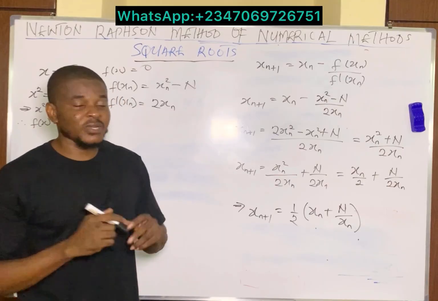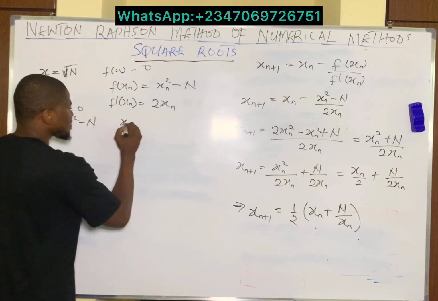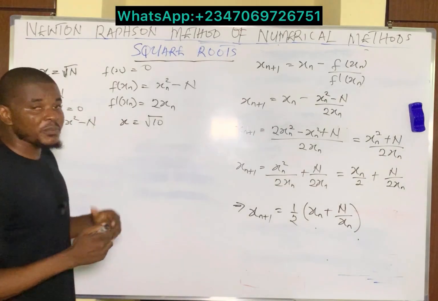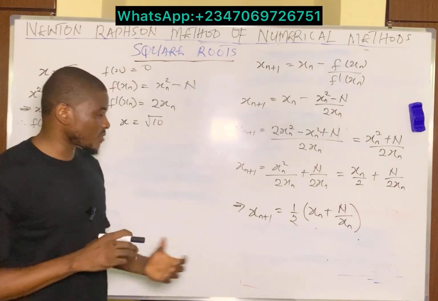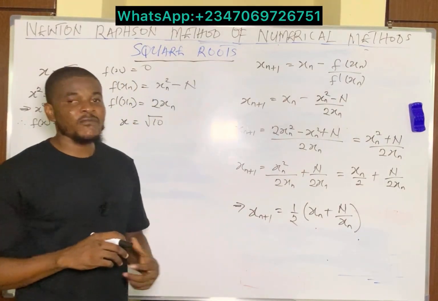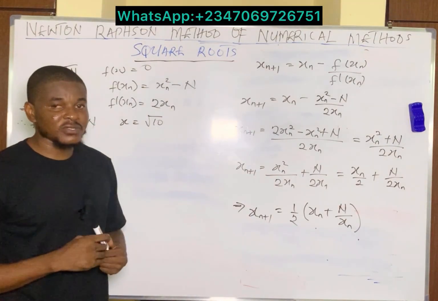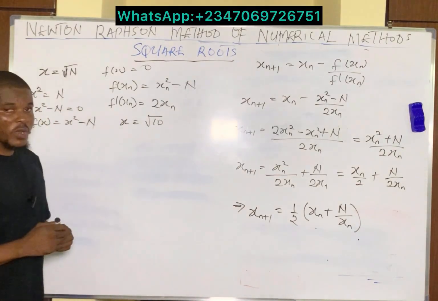So I'll use a very simple example. Let's say we're asked to find the root of x equals square root of 10. Now, you can actually punch the square root of 10 in your calculator, but let's use Newton-Raphson's method, specifically this formula for the square root of a function, to carry out this approximation. So remember, the first thing to do, you take the square of both sides.